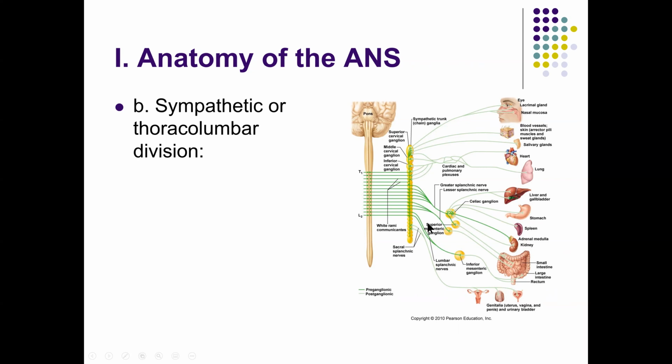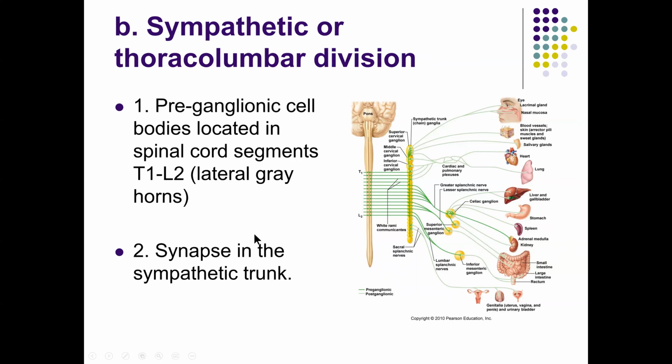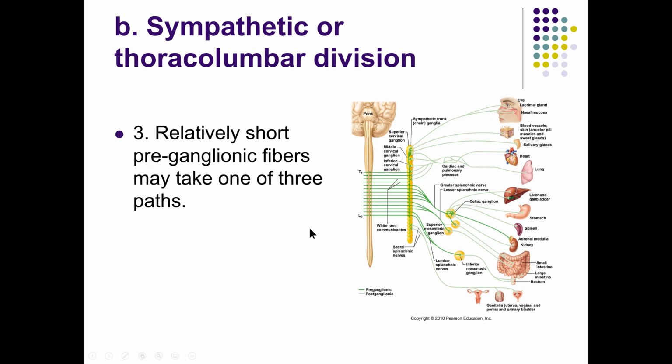But the nerves that are responsible for innervation come off of T1 to L2. In the sympathetic, or thoracolumbar, division, preganglionic cell bodies are located in spinal cord segments T1 to L2. We've already mentioned that. And they synapse in the sympathetic trunk.